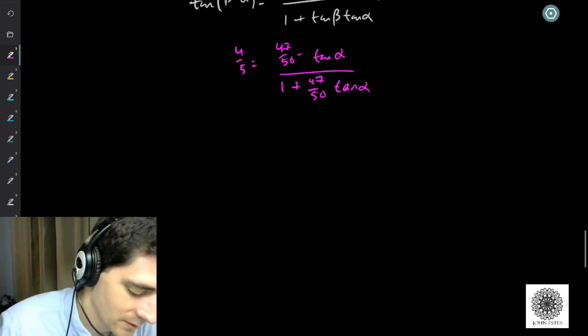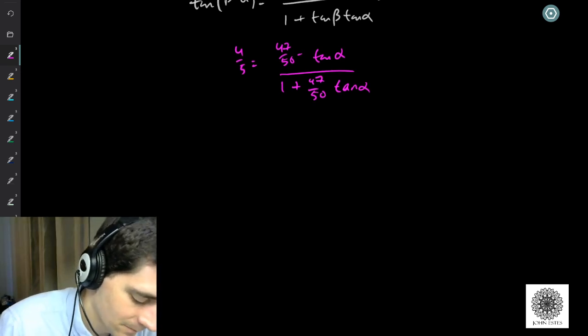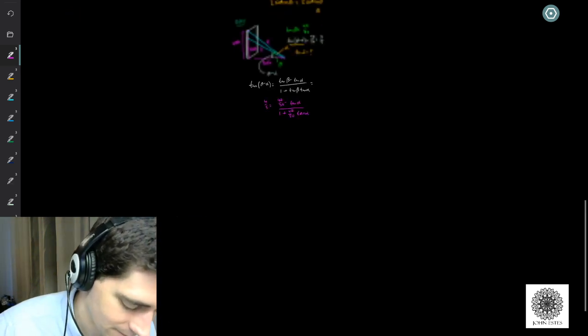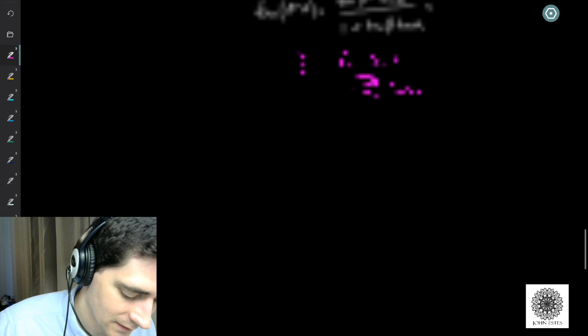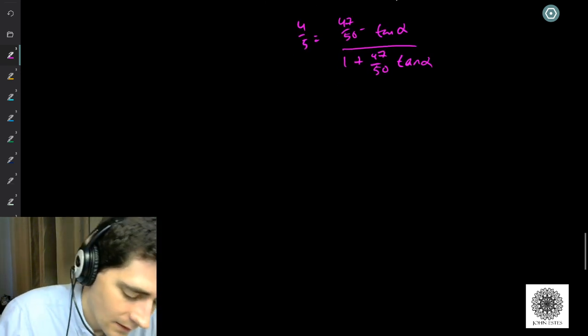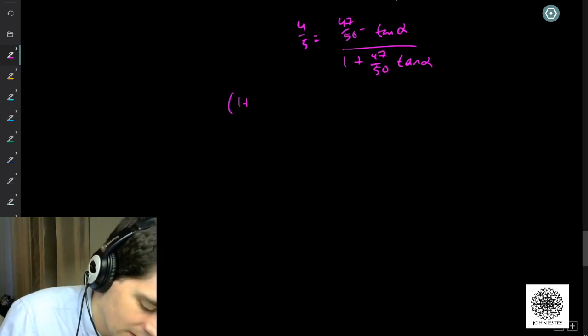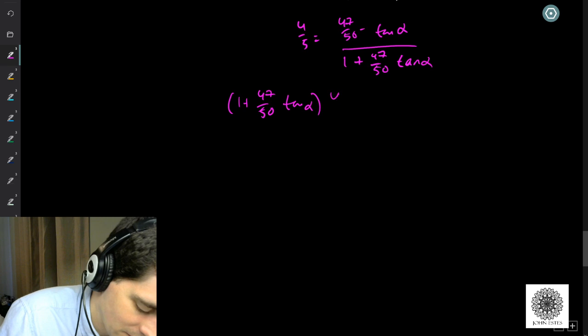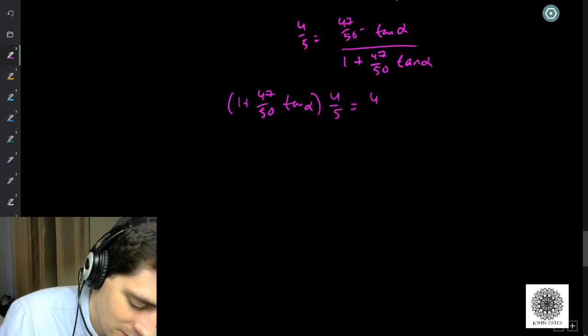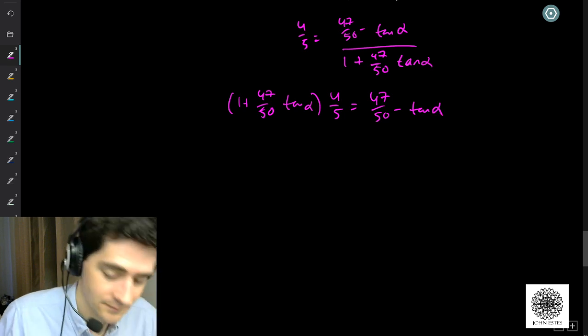Okay, so I'm going to multiply both sides of this equation by my denominator and end up with 1 plus 47/50 tan alpha times 4/5 equals 47/50 minus tan alpha.